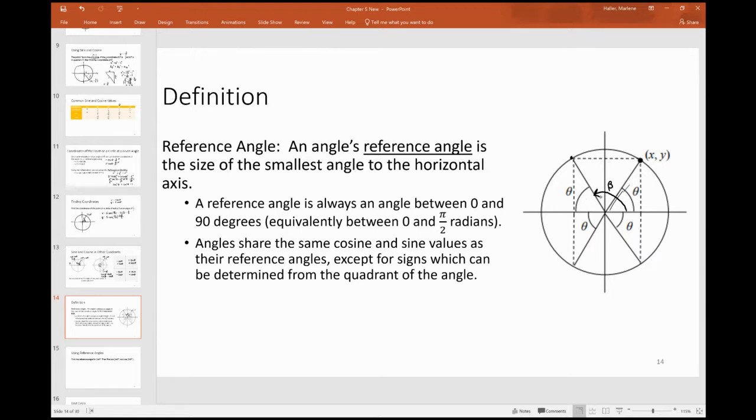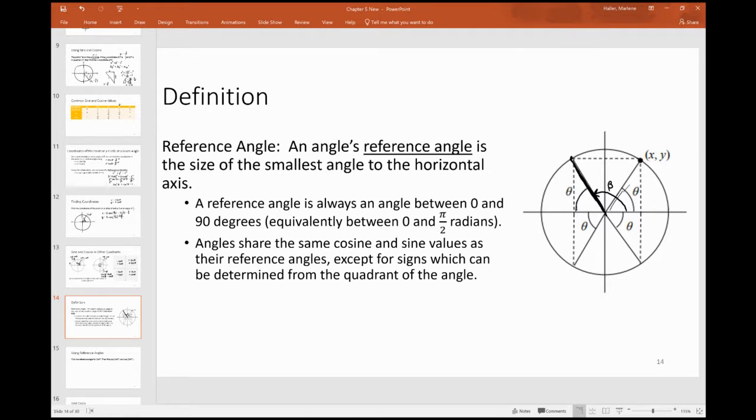For angle beta, its reference angle is theta. It's going to be the same as that one over there in the first quadrant. This is the terminal side here. The reference angle for beta is this theta here because it's the smallest angle between the terminal side of our angle and the horizontal.